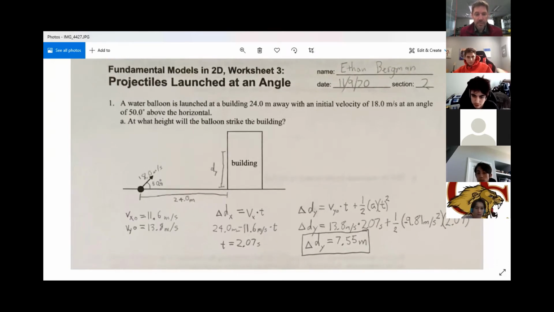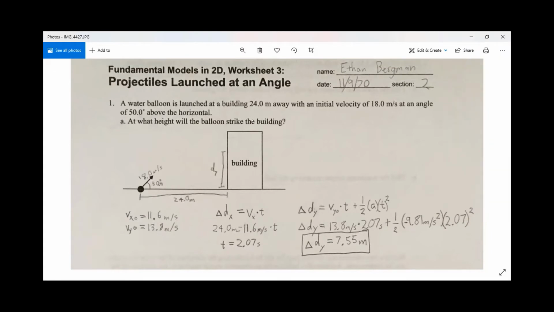Okay, so for the first part, we have the angle, which is 50 degrees, the length away, which is 24 meters, and then the initial velocity, which is 18, and we're trying to find dy.